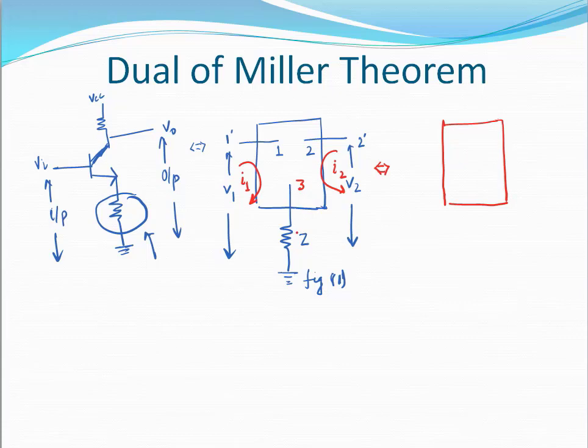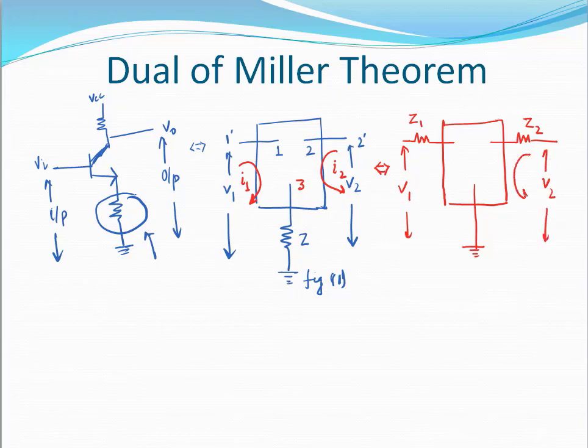Z will break into two parts. One will come into the input side, one will come into the output side. This is Z1, this is Z2, and this Z has been broken into two, so it gets removed from the ground terminal. This is V1, this is V2.